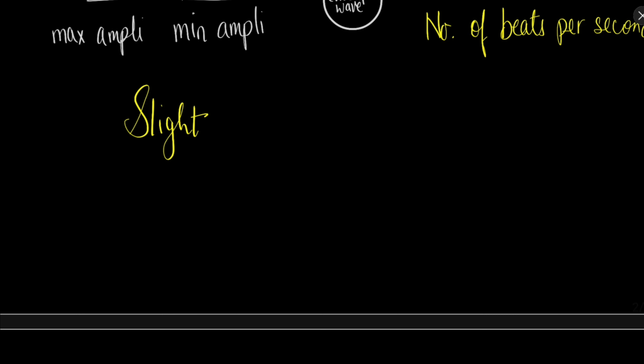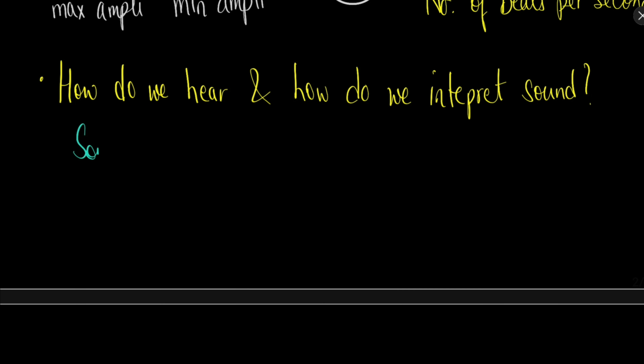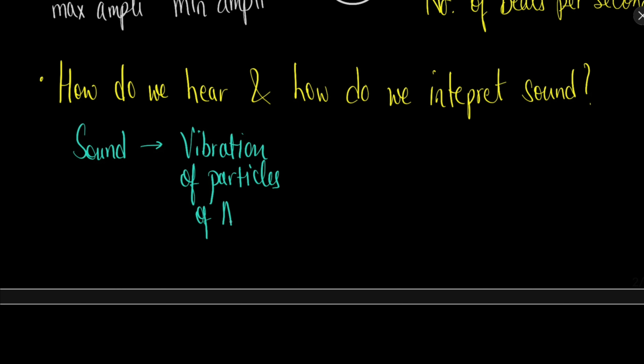To understand this concept, let's first discuss how we hear and how we interpret sound. First, sound is produced as a vibration, usually in day-to-day life, vibration of the particles of air.